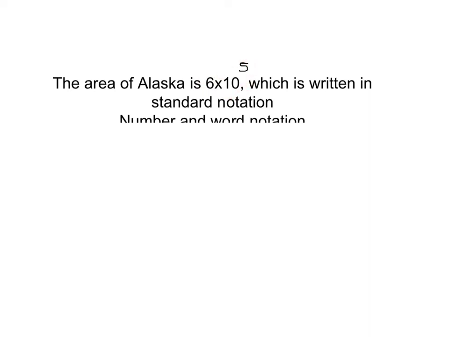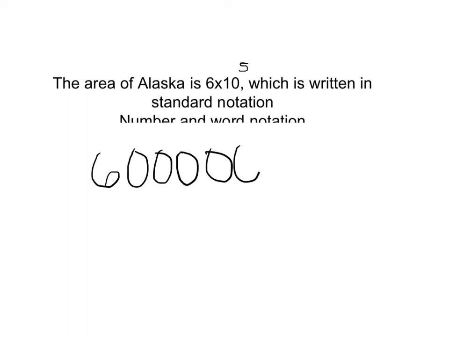Scientific notation. What does that look like in standard notation? Well, 6 times 1 is 6, and we have to add our 5 zeros. 1, 2, 3, 4, 5. So the area of Alaska in square miles is 600,000 square miles.